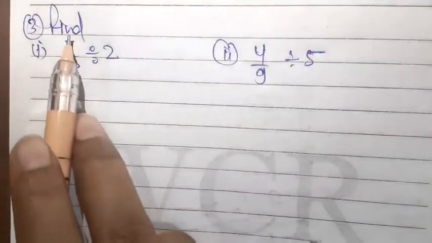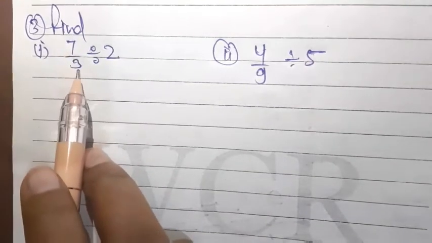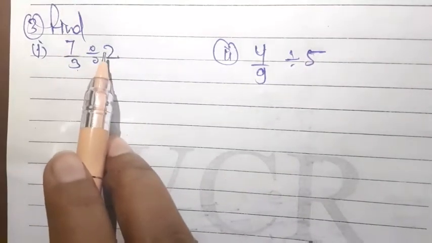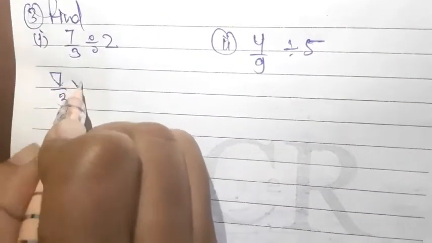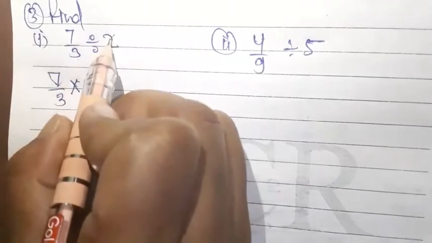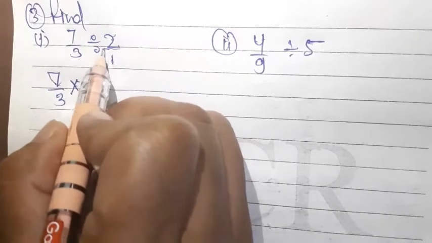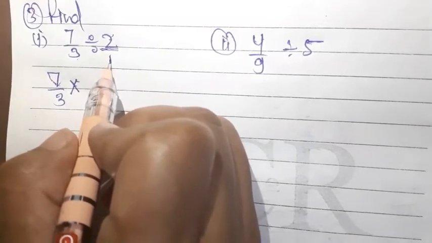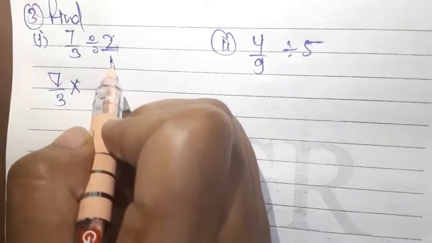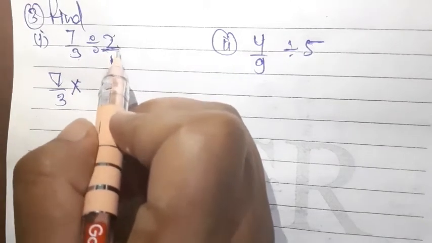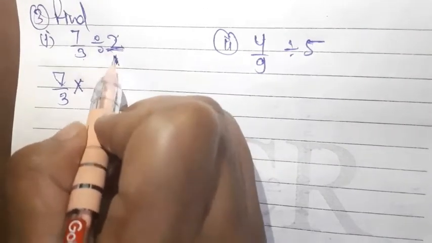Now question number 3 is find 7 by 3 divided by 2. So here I write 7 by 3, change this sign, this will change to multiply, and here 2 divided by 1, because if we didn't have any denominator, that means here we have one as denominator.